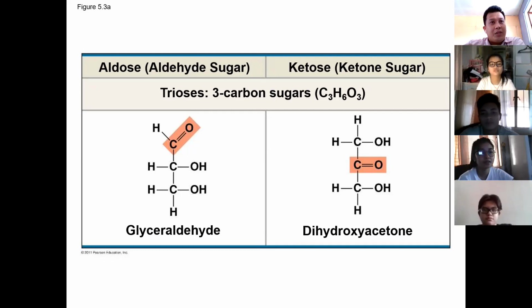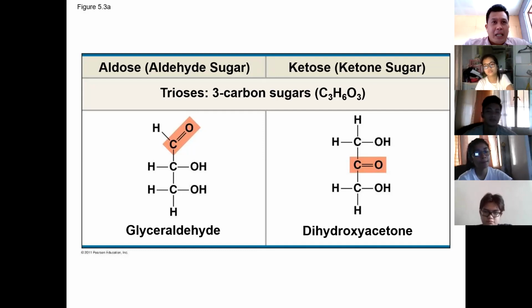So a sugar with an aldehyde makes it glyceraldehyde, or an aldose. And a ketone is C double bond O without the bond to hydrogen. The difference from the aldehyde is the bond of the carbonyl to a hydrogen. Our clue before grade 11 was CHO for aldehyde, and for ketone, it's C double bond O.